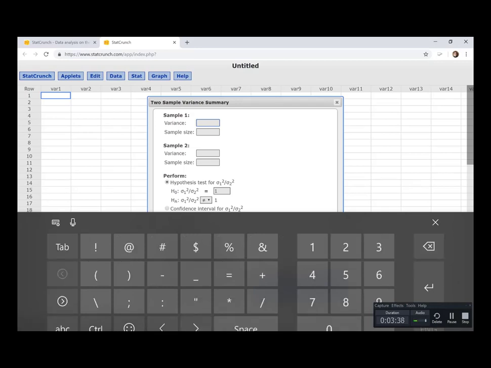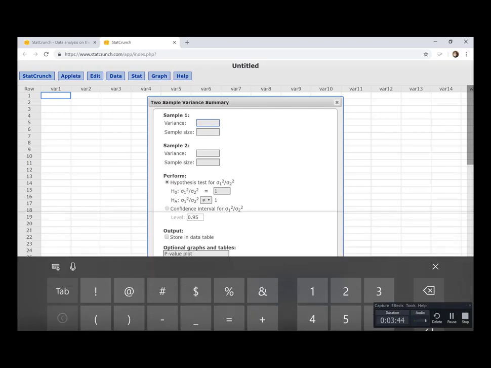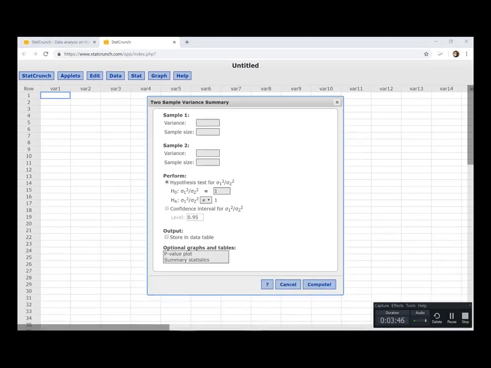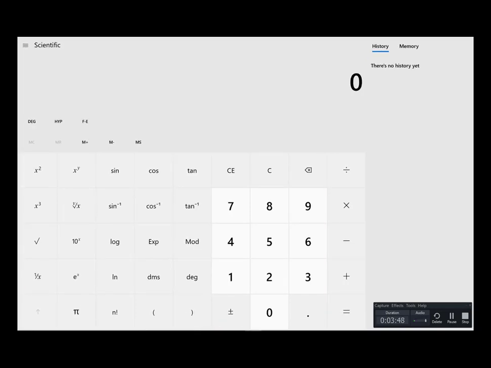All right, and let's go ahead and put our data in. So our variance was, oh man, we've got to square that. So let's go back. I'm going to square 0.00751, and you can see what I get.